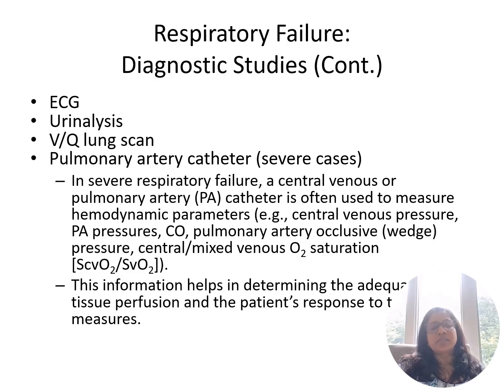One of the biggest tests we do is the ventilation perfusion scan. This is one of the diagnostic tests for pulmonary embolism. Also, if we do a pulmonary angiogram, you could see that they have that clot in the lungs. So these are some of the tests we do.